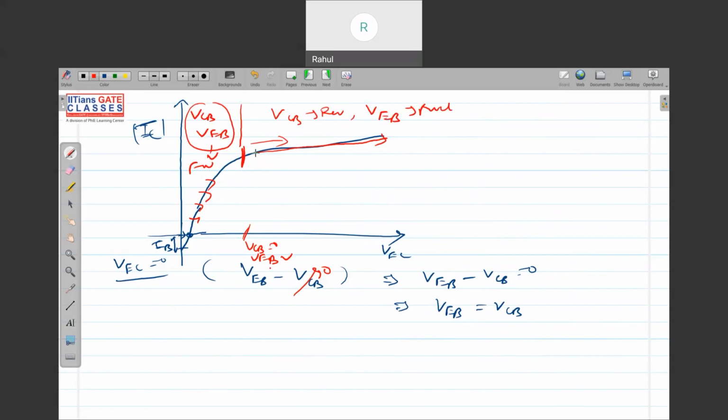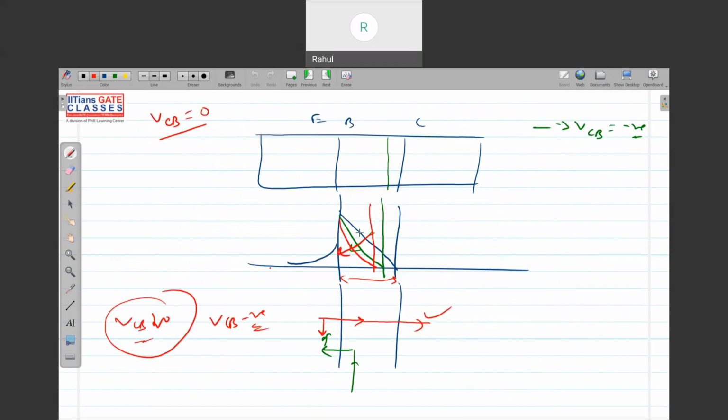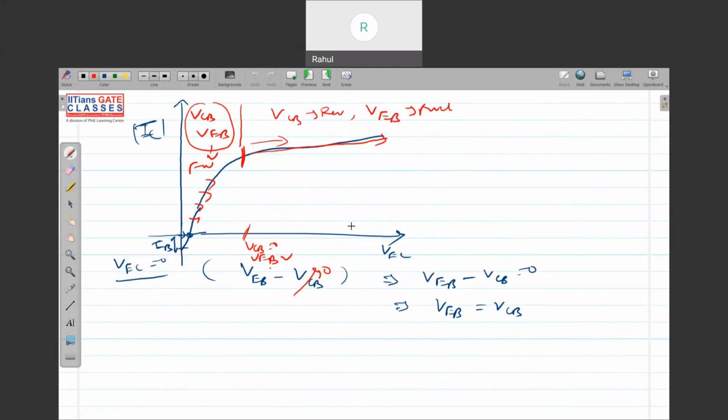In the saturation region, the current is approximately constant, with only a slight increase in current because of base width modulation, a very small change. So this region is very useful. This region is called saturation region. This region is called active region.